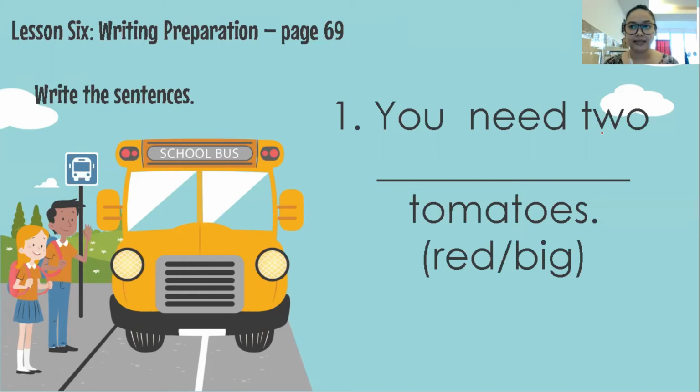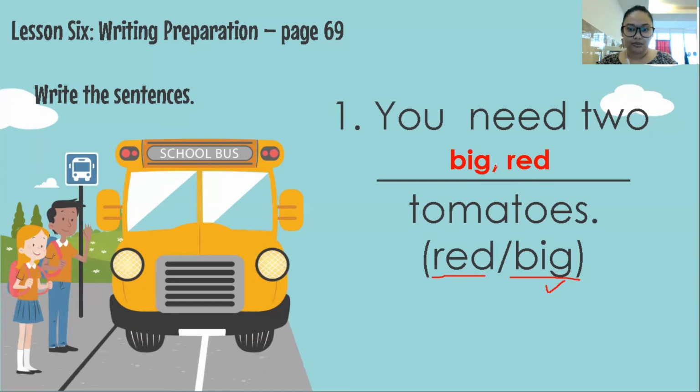Adjectives describing size and adjectives describing color. You need 2 blank tomatoes. So we have here red and big. Which one comes first? Yes, big. So we will write big first and then write red. Very good. So the answer here is big and red.